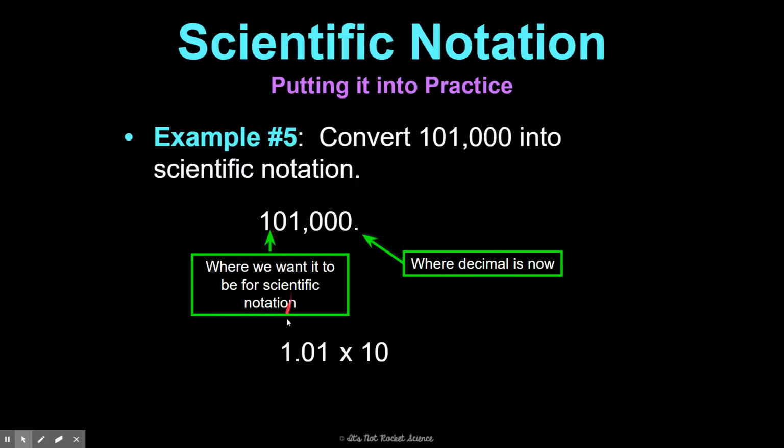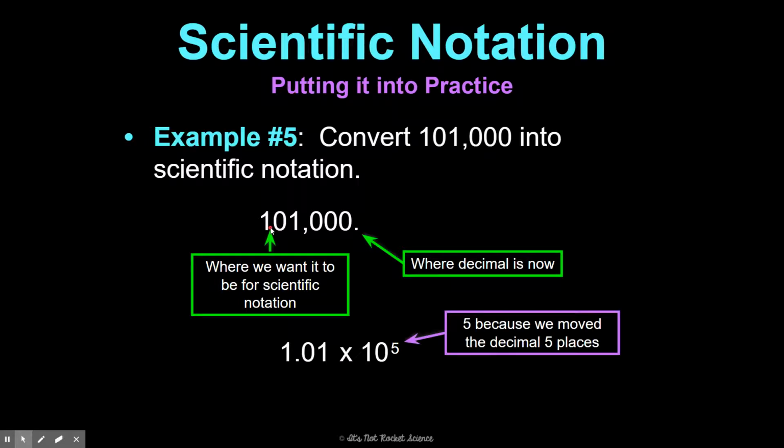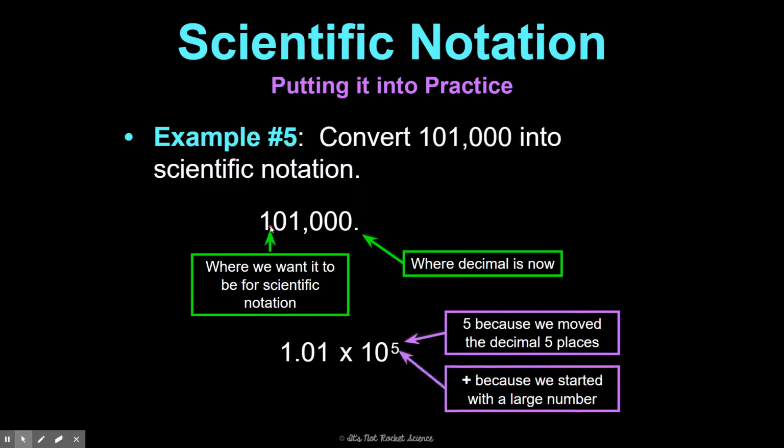And I would get that 1.01 times 10, because that's what we always have to put, and then an exponent of 5. So times 10 to the 5th power, because I moved that decimal 5 spots over to get it where it is now. And because I am working with a big number that I made smaller, my exponent is positive.